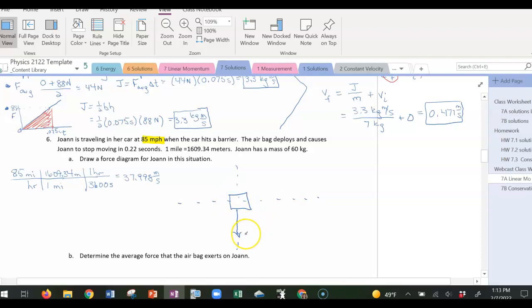So Joanne has a weight, which is the gravitational force that the Earth is exerting on her. And I could calculate that, but I know that that force is going to be balanced by the supporting force, the normal force that the car seat is exerting on Joanne.